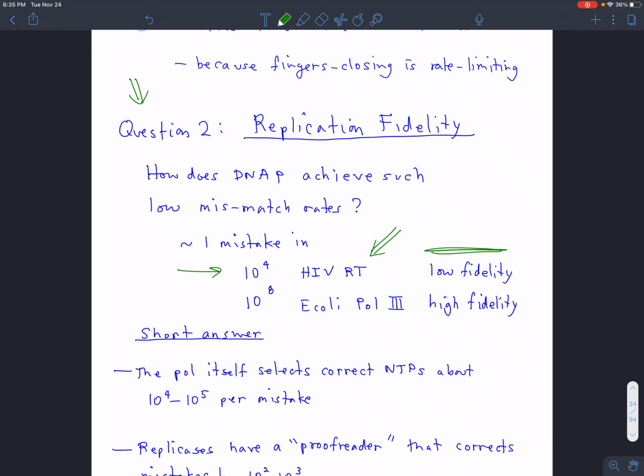The size of the genome of HIV is about 13,000 base pairs, which means that if HIV-RT made more mistakes than that, then those mistakes would start building up in the genome, and after a little while, the genome would lose all of its genetic information due to mistakes, and there would be no more HIV.